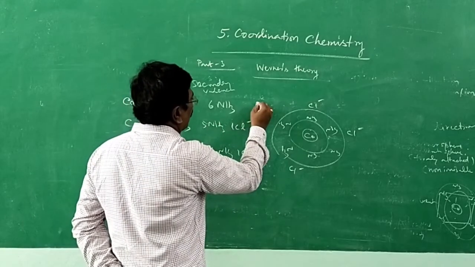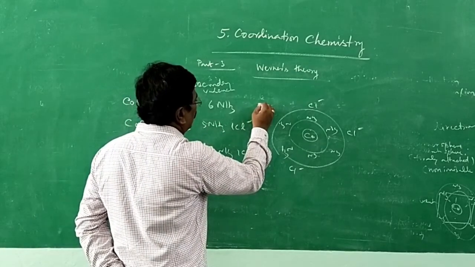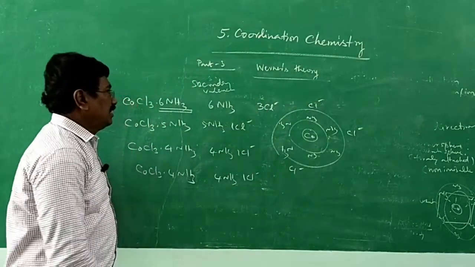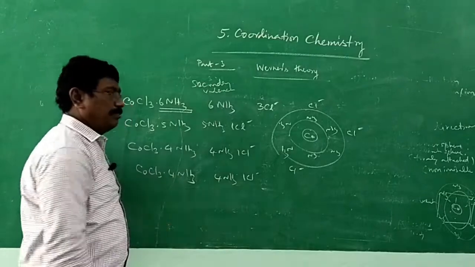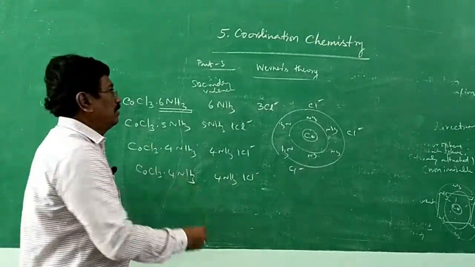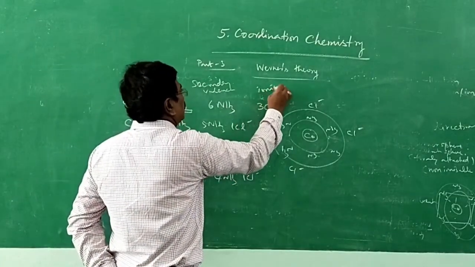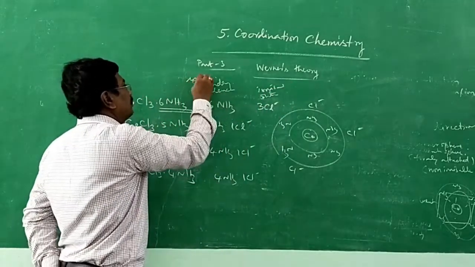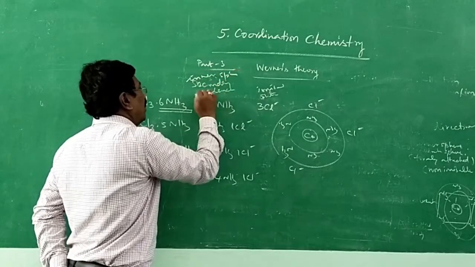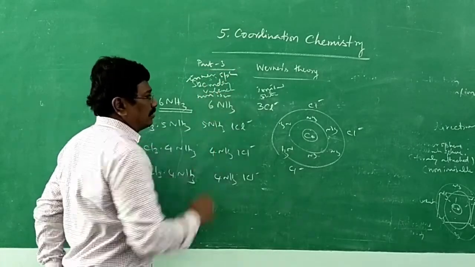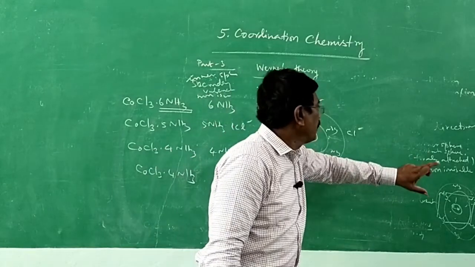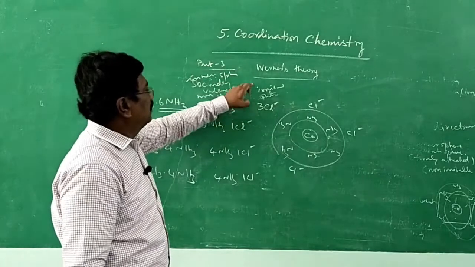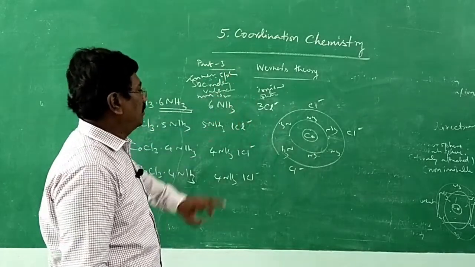So how many ionizable ions? It is 3 Cl minus ions. Secondary valence, non-ionizable. Primary valency, ionizable. Ionizable, outer sphere. Secondary valence, inner sphere, non-ionizable, firmly attached. Primary valence, ionizable, outer sphere.